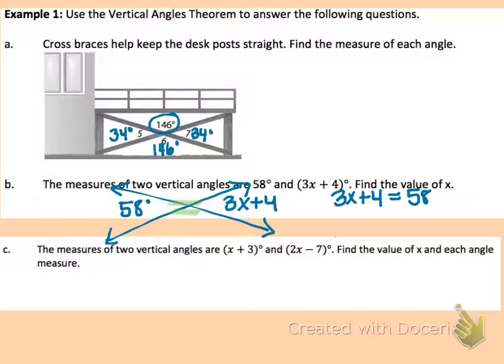We could subtract 4 from both sides, giving us 3x equals 54, and then divide both sides by 3.